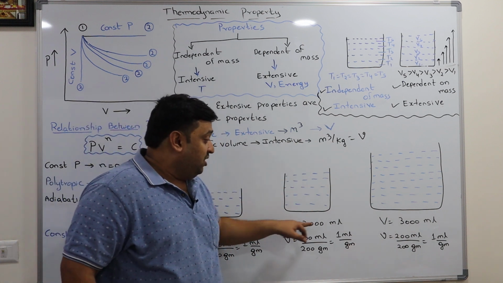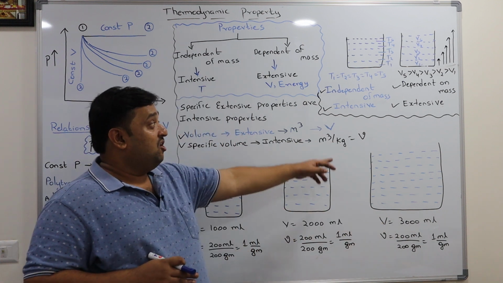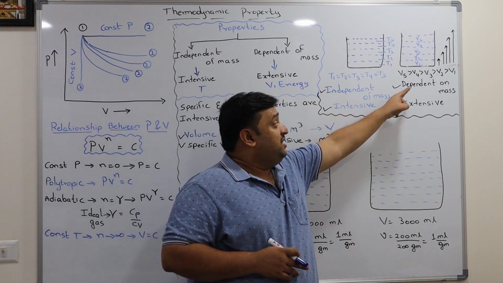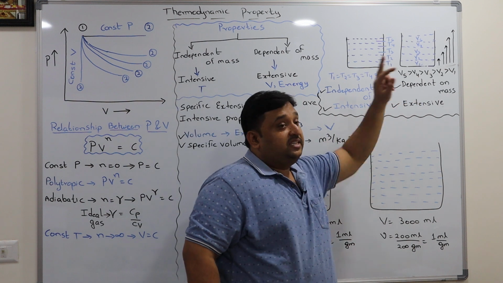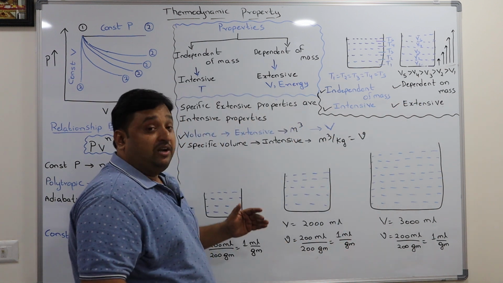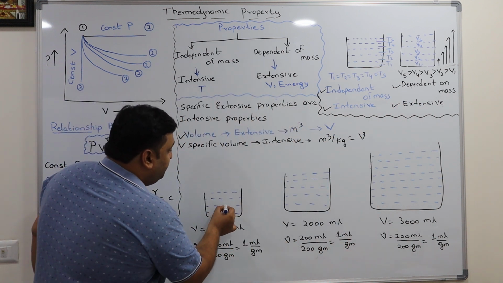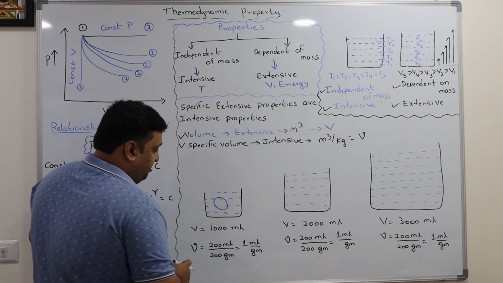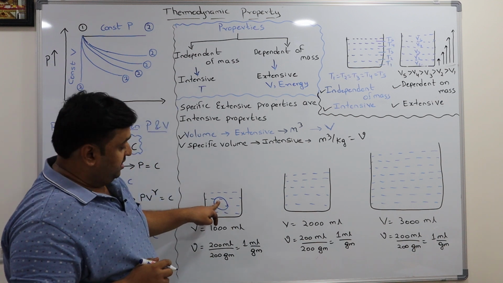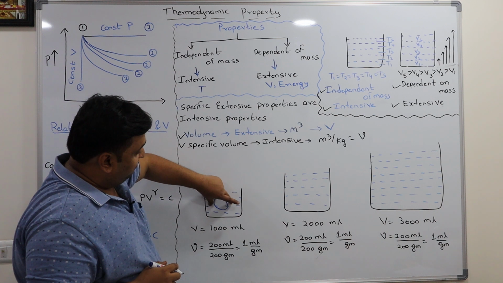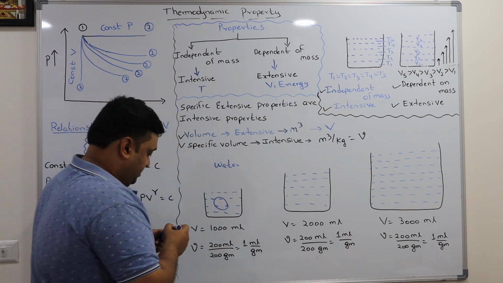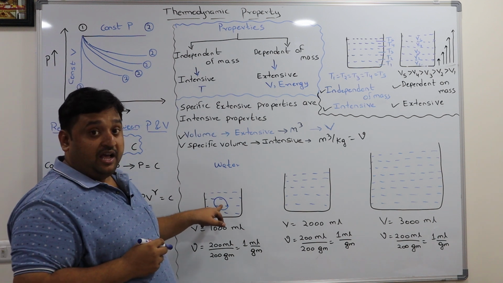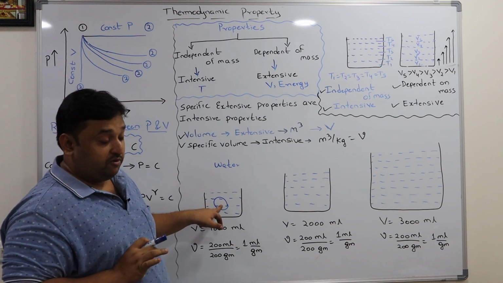That means the volume is dependent on mass, so if I consider volume, it is an extensive property. What happens? Suppose I take a sample here and remove 200 grams of this water. Imagine this is water, everywhere it is water. From every container I have removed 200 grams of water.